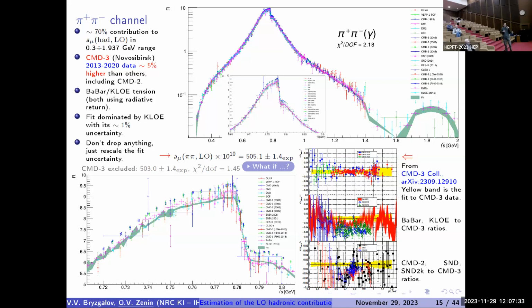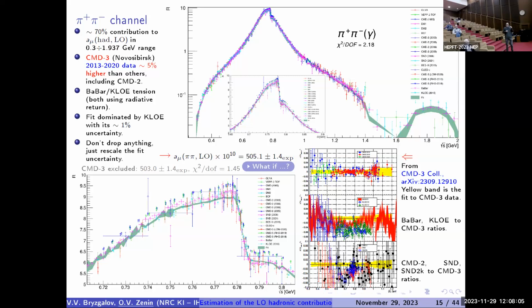We just inflate the uncertainty of the fit, given by the thickness of this green band, by a factor of the square root of the normalized chi-squared. Still, the total experimental uncertainty, even scaled with chi-squared, remains at the sub-percent level, which is good.